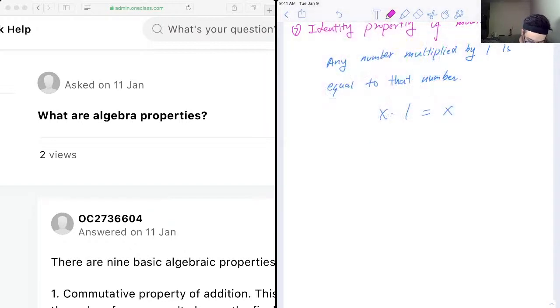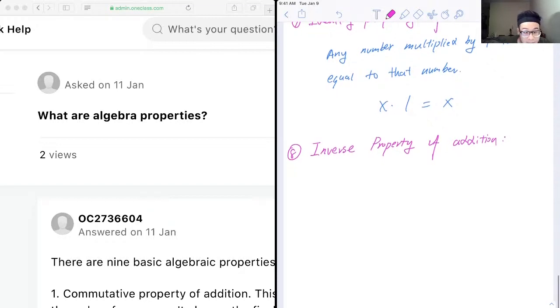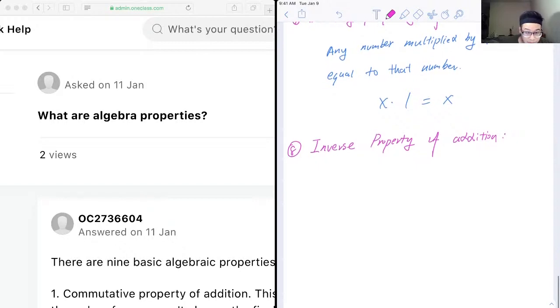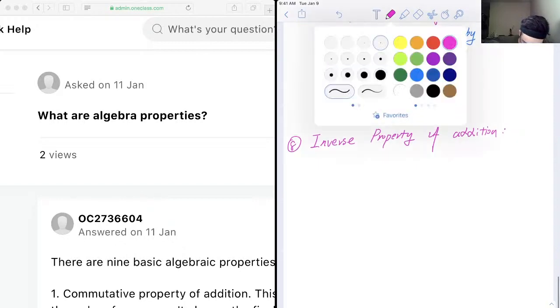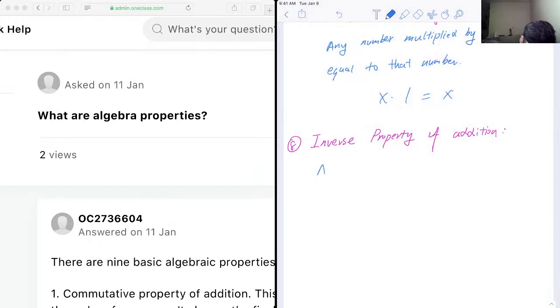And number 8, we have the inverse property of addition. Okay, so this states that a number added to its inverse is equal to 0.